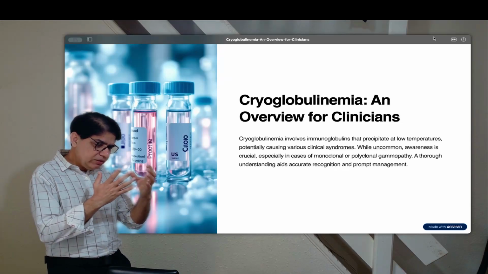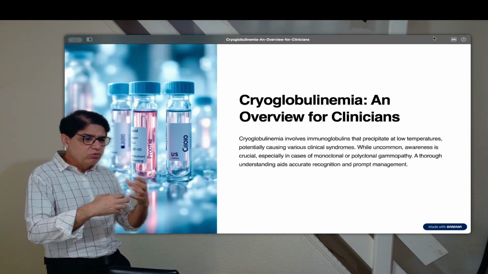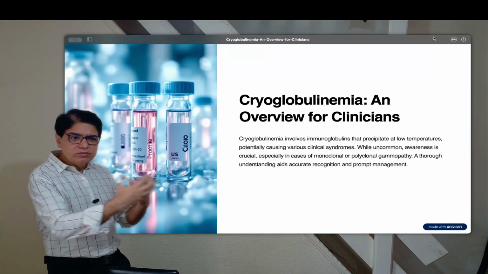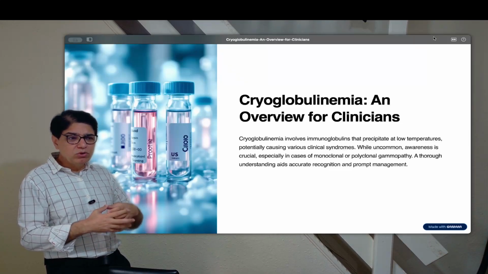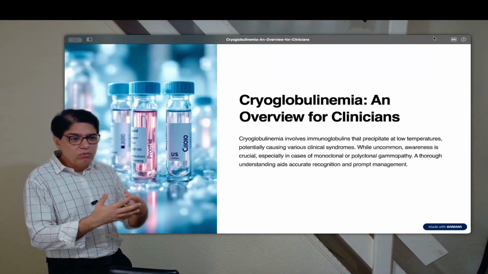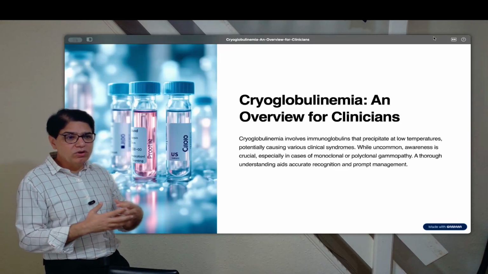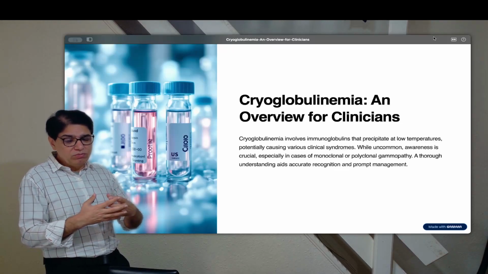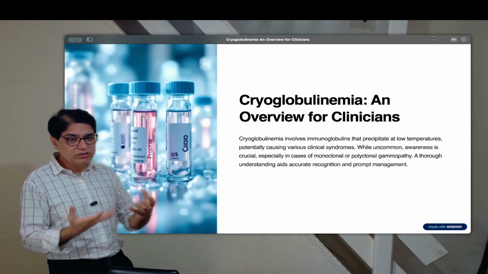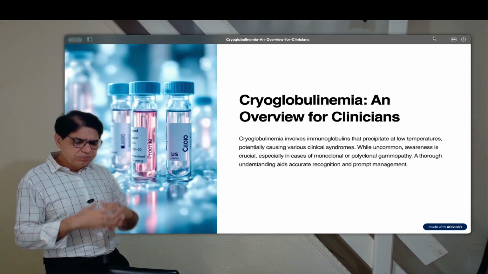It can be a single chain increase in the blood, which we call monoclonal gammopathy, or monoclonal increase in immunoglobulins, or it could be polyclonal, where more than one type of immunoglobulin has increased in the blood. We will talk about that in a moment.